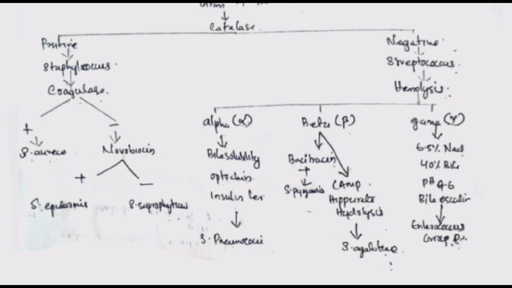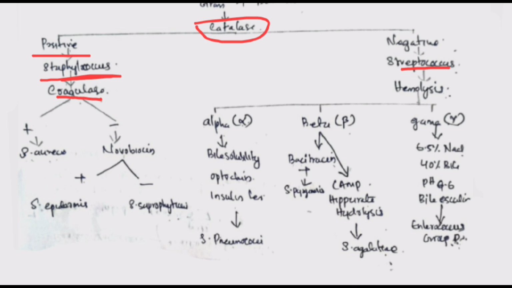Now, let's go through a very important table, the gram-positive cocci classification table. After the catalase test, if the result is positive, the bacteria belong to Staphylococcus. If negative, they belong to Streptococcus. For catalase-positive cocci, Staphylococcus, the next step is the coagulase test.